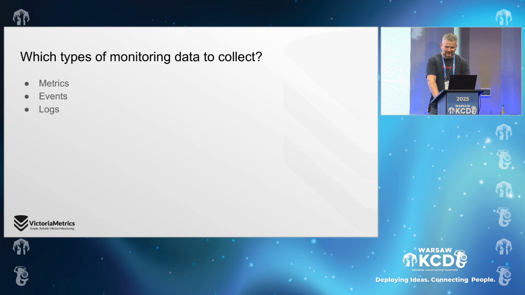The next is logs, obviously, which can be generated by Kubernetes control plane components and also by applications running in Kubernetes. Recently, different observability vendors say that it is good to collect traces as an observability signal.